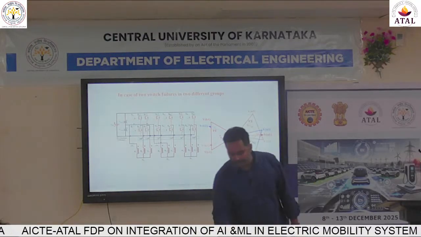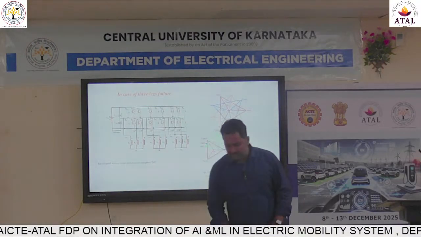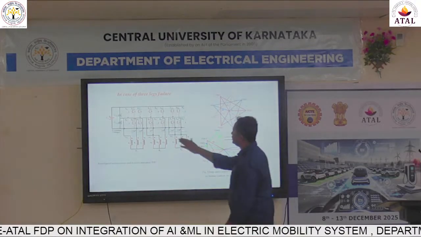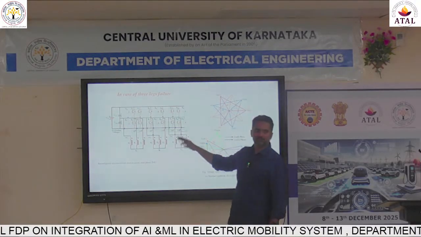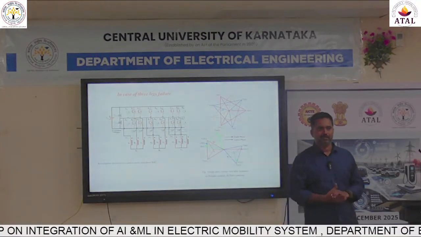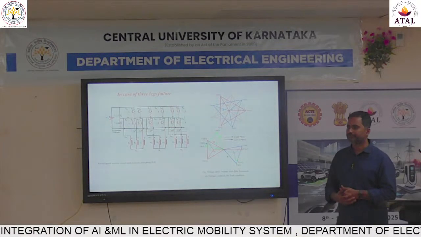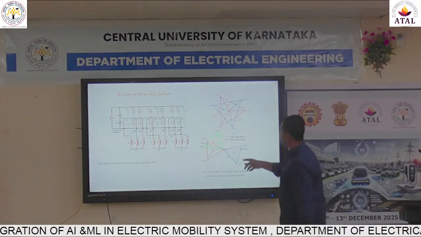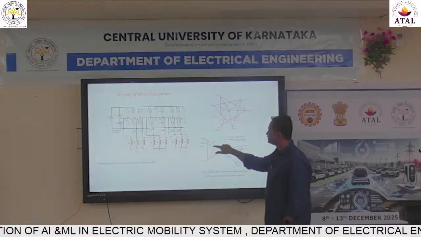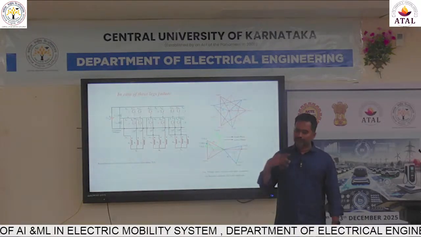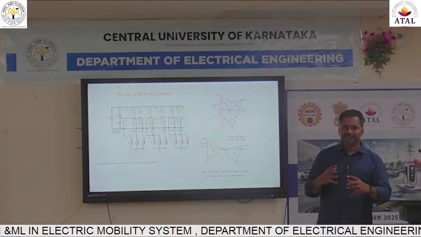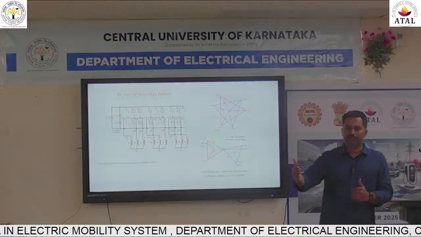This is one thing. There is another case where the other phases, A, B and C, multiple legs have failed, and still the motor can run. So you can see these disturbances. Why I am saying this is that I don't know how many of you visualized how these stresses were distributed.